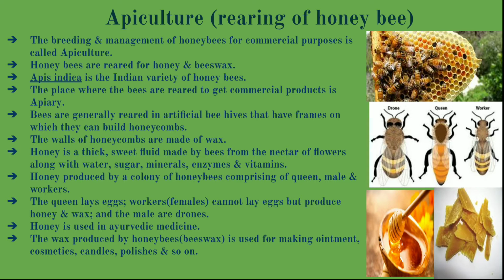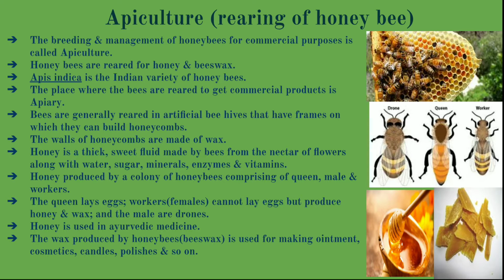So what is honey? Honey is a thick sweet fluid which is made by the bees from the nectar of the flowers, along with water, sugar, minerals, enzymes and vitamins.